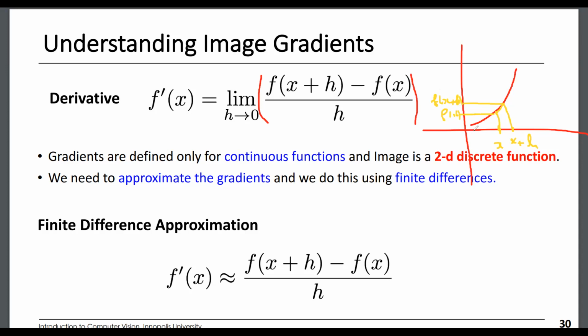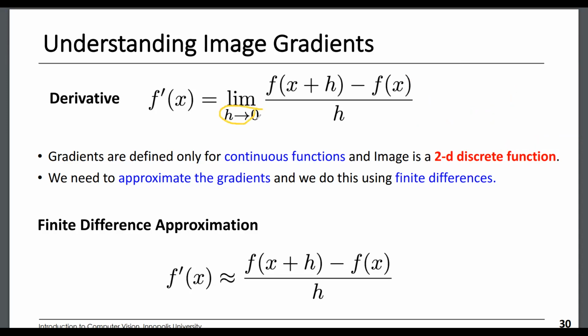Basically, we're trying to understand this measure, the ratio between these. We're trying to understand how much a small change in x can lead to a change in the y direction. In this case, we're trying to find it when h is very small, so h approaches 0. But sadly, we do not have such a value.